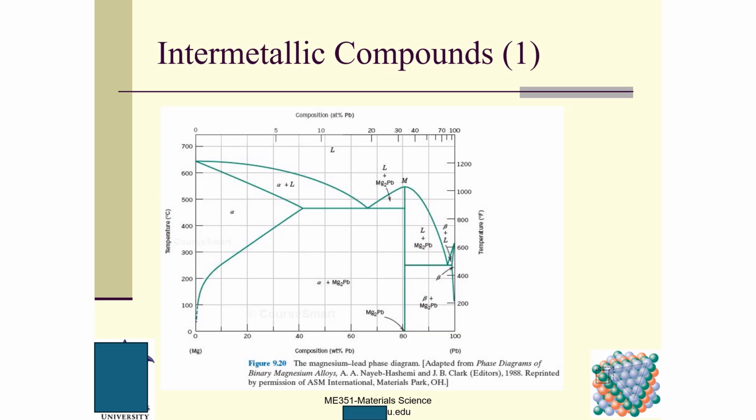This is magnesium, and this is lead. Here is the temperature, and you can see alpha. We have a beta here, beta plus L, alpha plus L, and here is L. Here is the compound Mg2Pb. When the lead composition equals about 80%, we will have a compound.